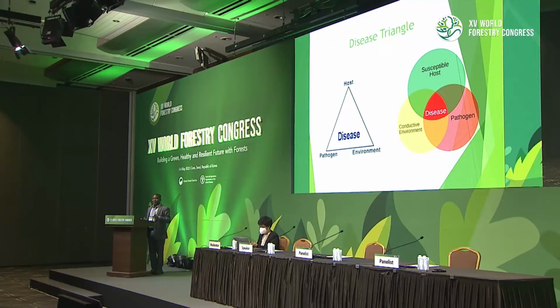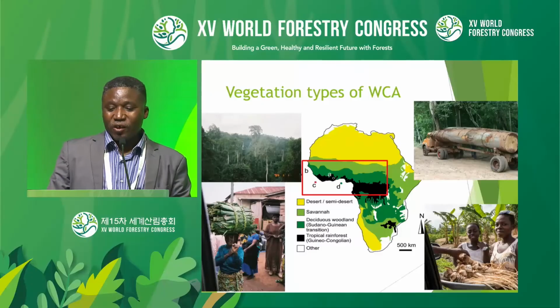So these three factors come into play to ensure that trees or forests are either healthy or they are attacked. And you take advantage of the disease triangle to provide the IPM strategies that you want.